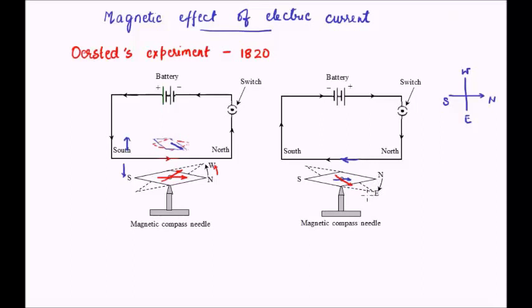This implies that when the current is flowing from here to here and the magnetic needle is below, the direction of magnetic field is opposite to the direction if the current was flowing in the other direction. Similarly, he extrapolated the experiment and put the magnetic needle at top.